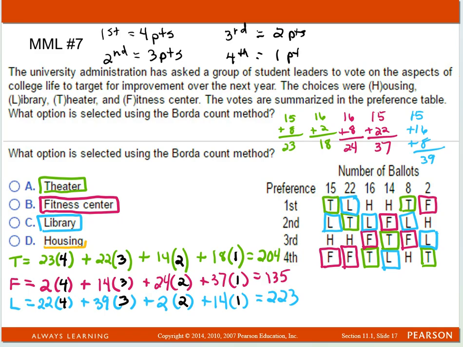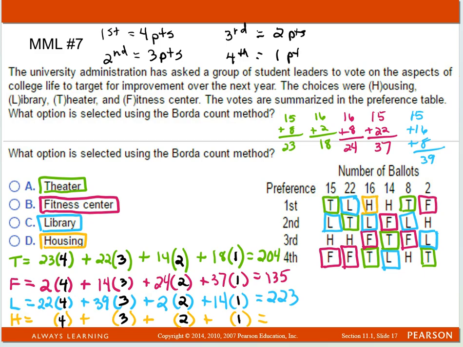We've got one more choice, and that is housing. So that's H. Once again, I'm going to put in all the plus signs and all the parentheses with the point values before I start looking at my table, because I know these are all going to be 4 times, 3 times, then 2, then 1. Okay, so housing.